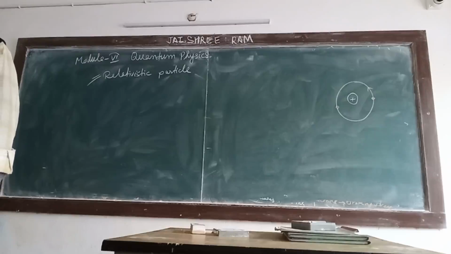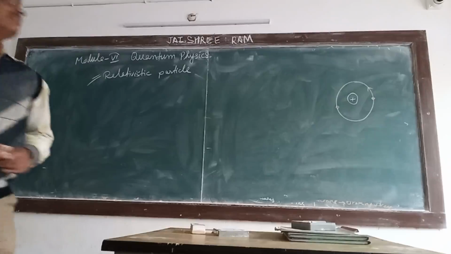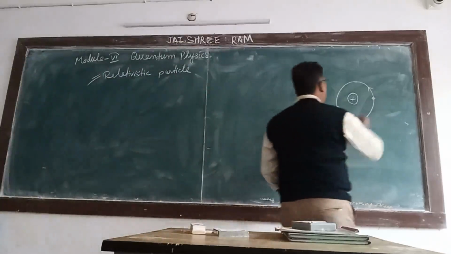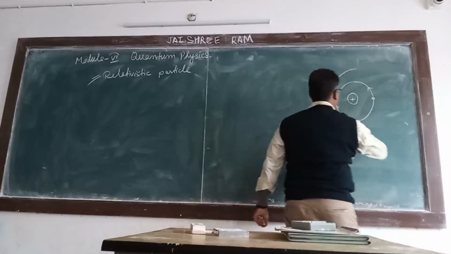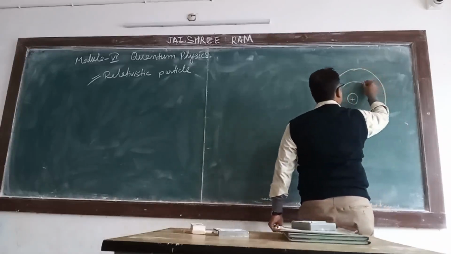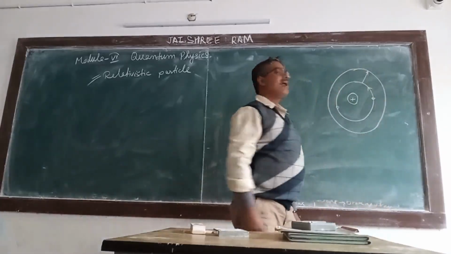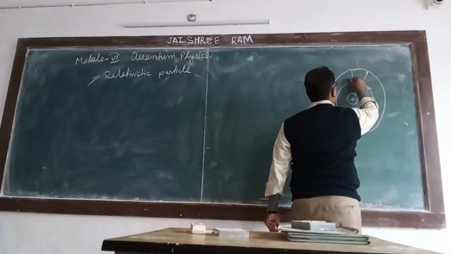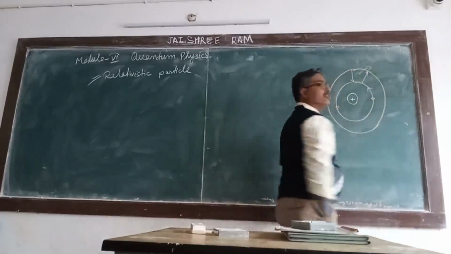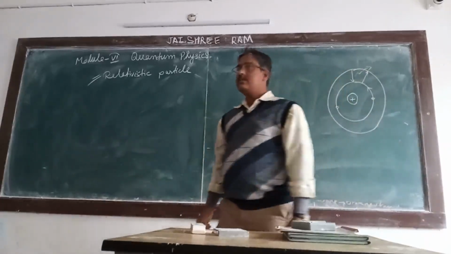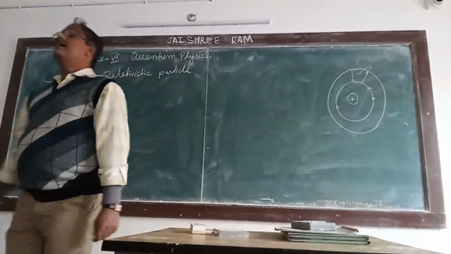The energy of the electron remains the same. But when the electron jumps from one orbit to another, if it goes from here to here, it absorbs energy, and if the electron comes from here to here, it releases energy in the form of radiation. Okay, that is quantum mechanics.